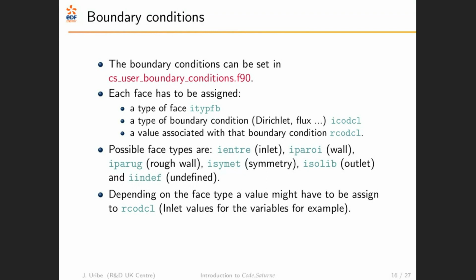But because you say that the type is already a wall, then the code will know that the velocity has to be 0 at the wall. So you don't need to set the velocity, but you still will need to set the value of the temperature, for example. Okay.